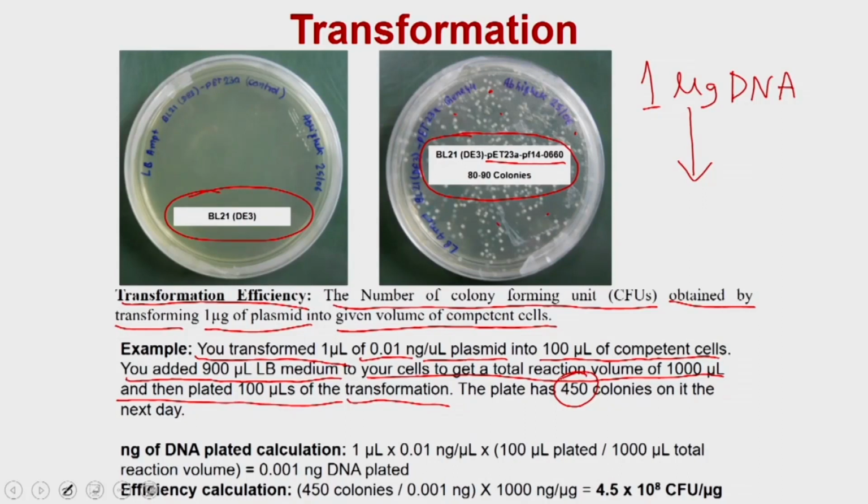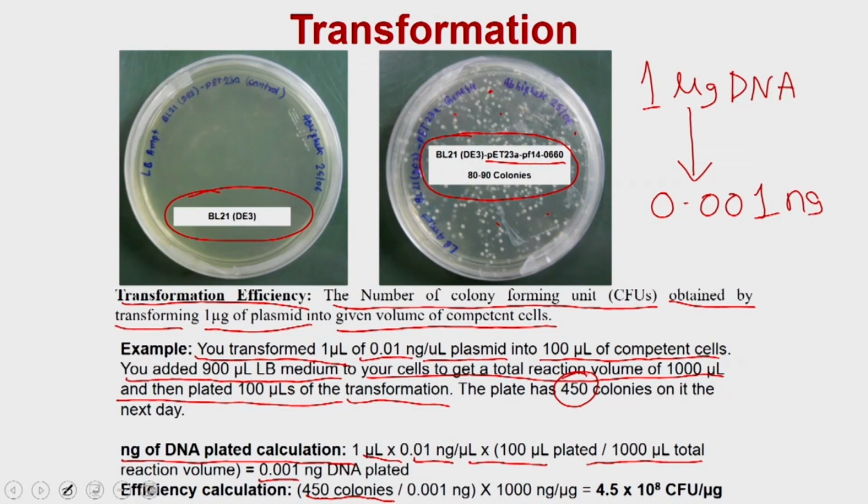Now let us see how to calculate the transformation efficiency. The nanograms of DNA you have plated is 1 microliter into 0.01 nanograms into 100 microliter divided by 1000. This means you have transformed 0.001 nanogram of DNA, which is a very small amount of DNA, into the competent cells, and the number of colonies you got is 450.